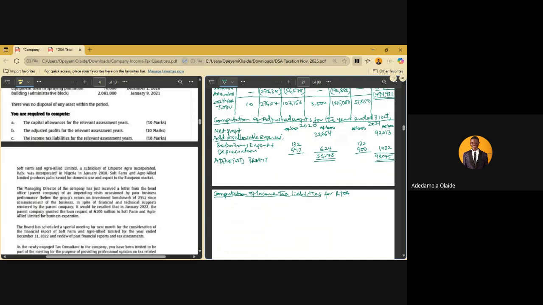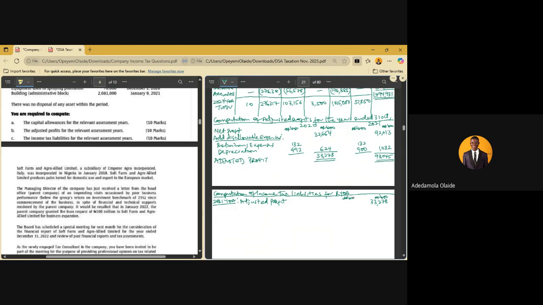So we have, what are the relevant years? We have 2021 year of assessment. What do we have? Adjusted profits, which is how much? 33,278.